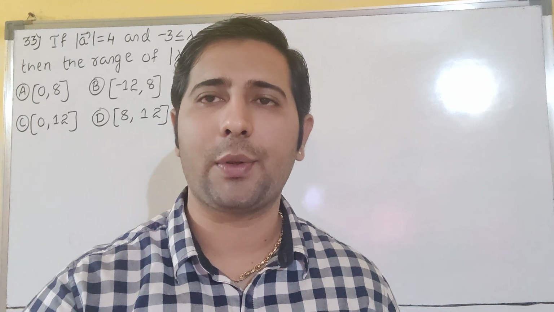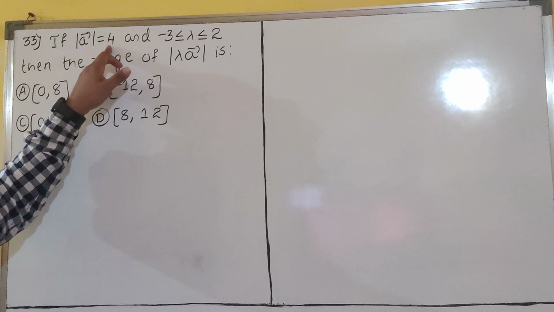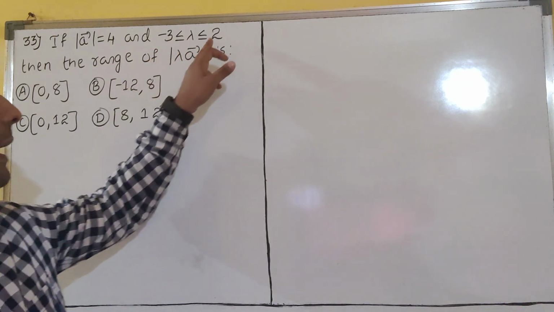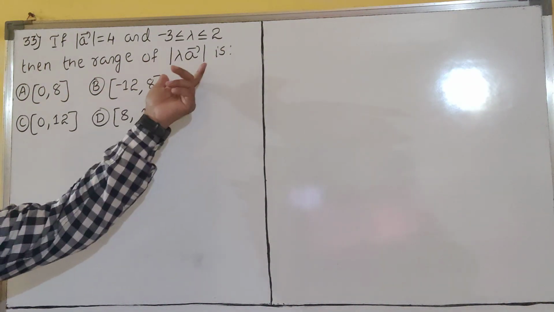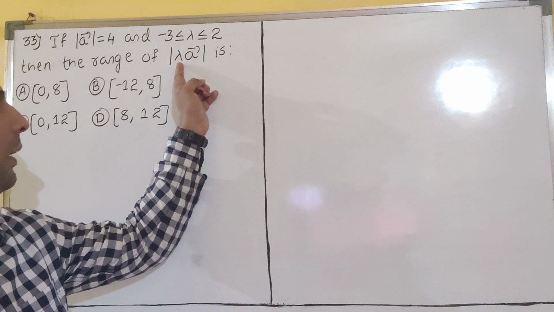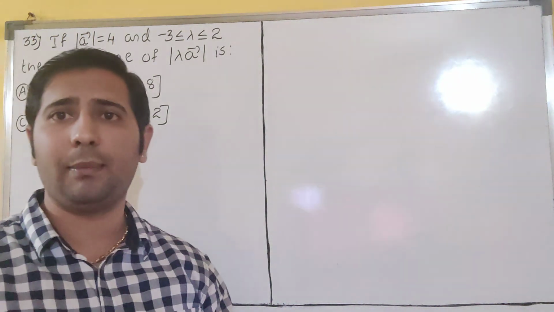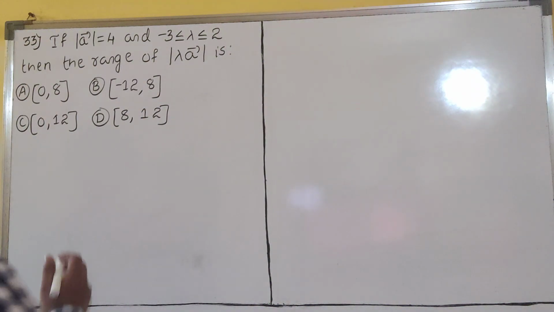Let us see the next question, dear students. If the magnitude of vector A is equal to 4 and the λ value is greater than or equal to minus 3 and less than or equal to 2, then find the range of the magnitude of λ into vector A. It's a fantastic question, really.